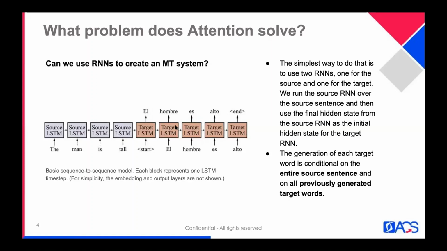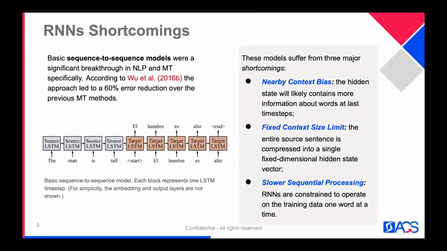When this basic model was introduced, it was a significant breakthrough in machine translation systems. But these models have three major shortcomings. First of all, the recency context bias, meaning that this vector contains more information about the last time steps than the first time steps.